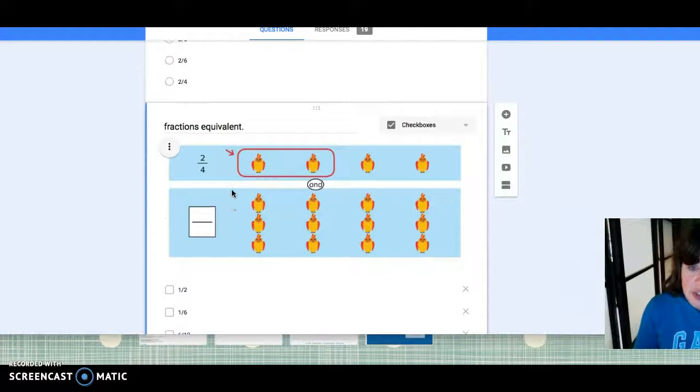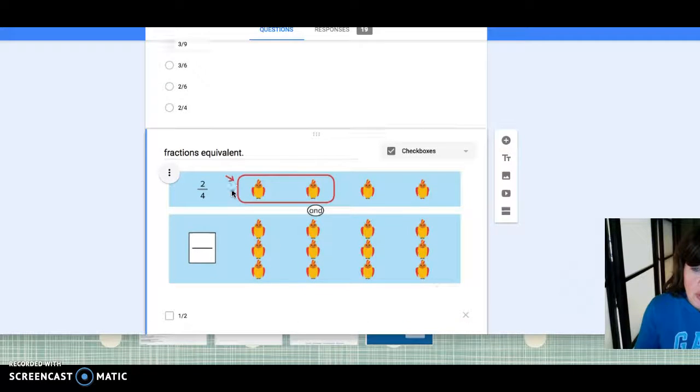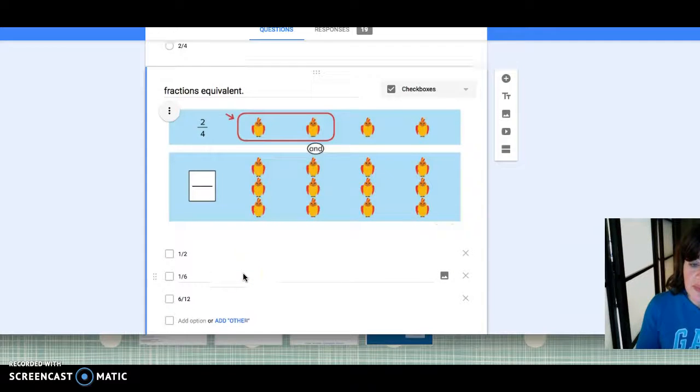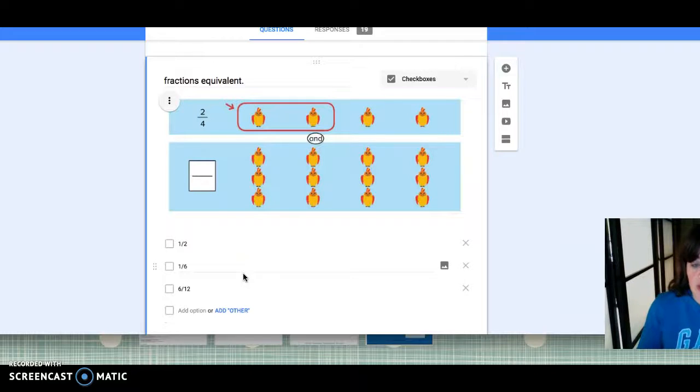In the next question, you had to show, I'm not sure why the question isn't appearing here, but you had to show which fractions below are equivalent to 2/4. Again, in this question, the correct answer that I was looking for was 6/12. 1, 2, 3, 4, 5, 6 out of 12.